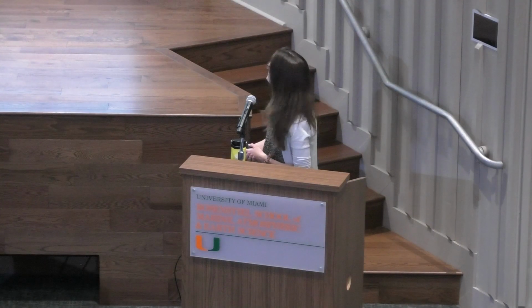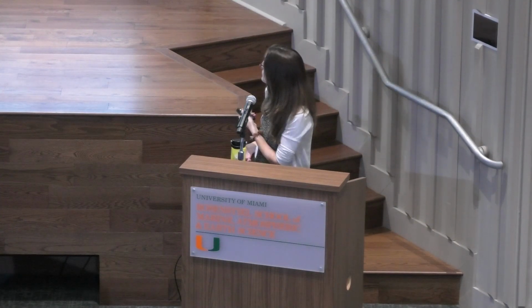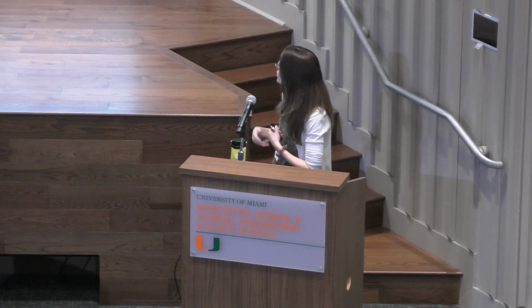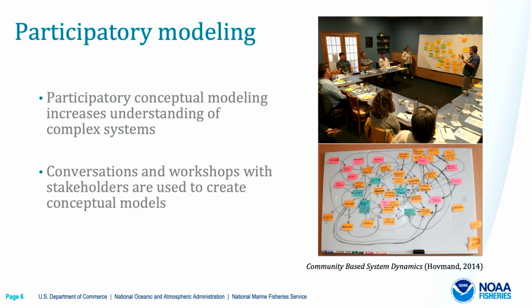So they have a lot of information they can share with us. This type of information is generally called local, fisher, or traditional ecological knowledge. We can take advantage of that knowledge, and we can translate it into something that we can use in science and research through a process called participatory modeling.